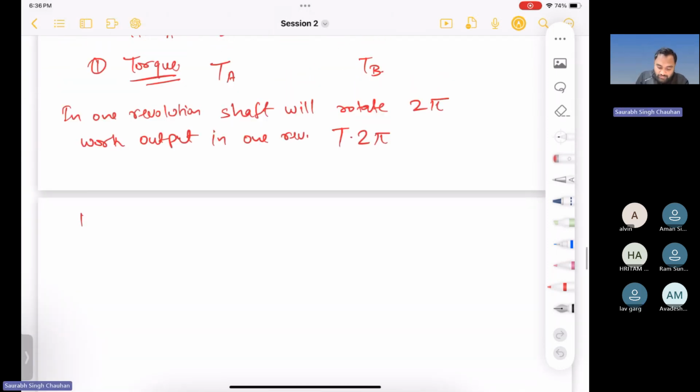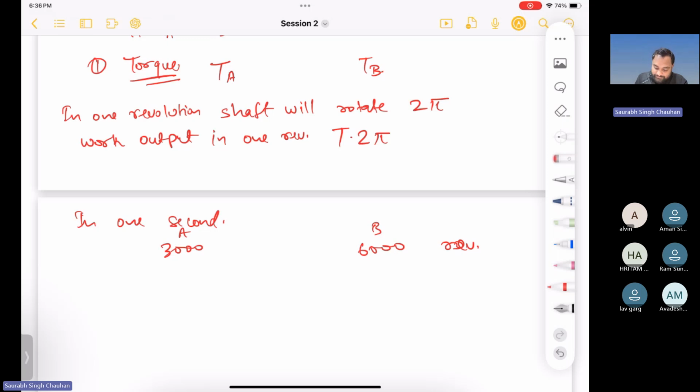Okay, so in 1 second, how many rotations will engine A complete? It will complete 3000 rotations, and engine B will complete 6000 revolutions.